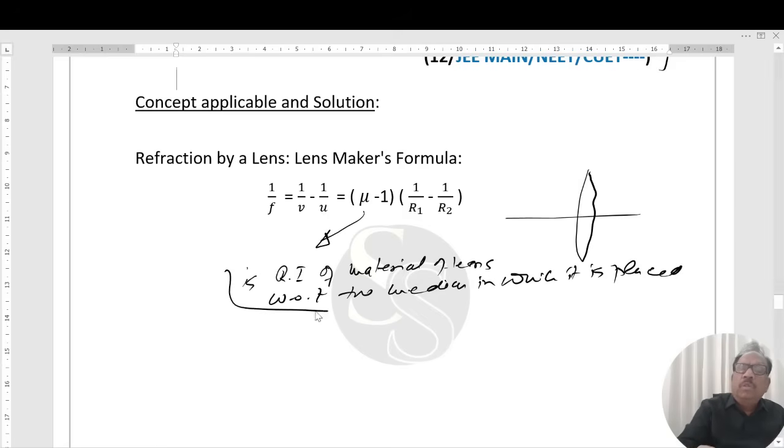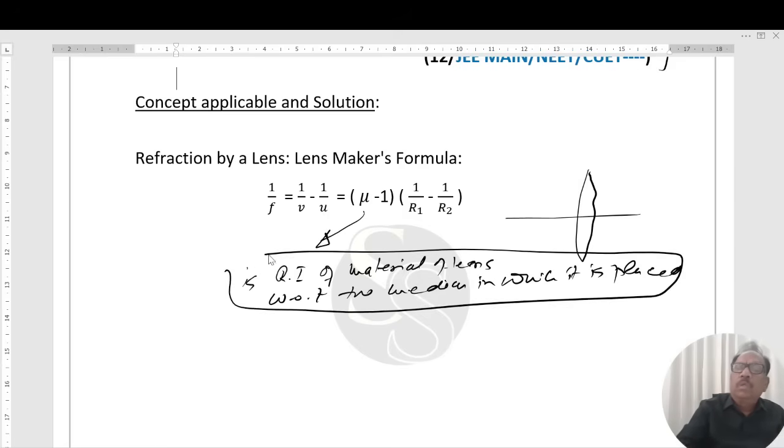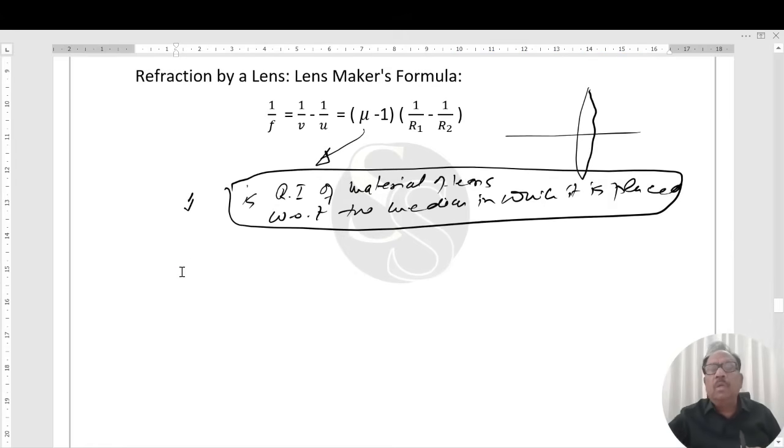This is the main thing, only and only this. If this concept is clear, lens maker formula application is clear. What is mu? Mu is the refractive index of material of lens with respect to the medium in which it is placed.